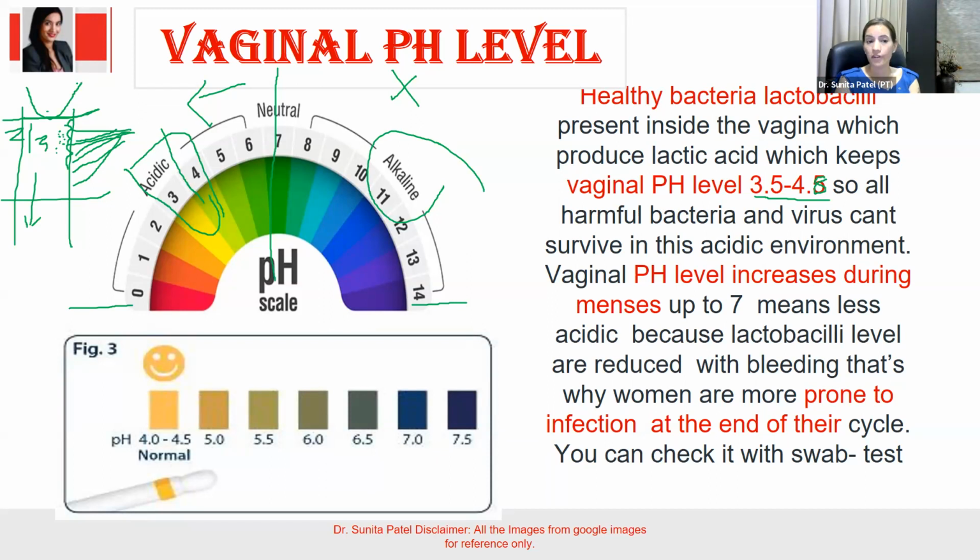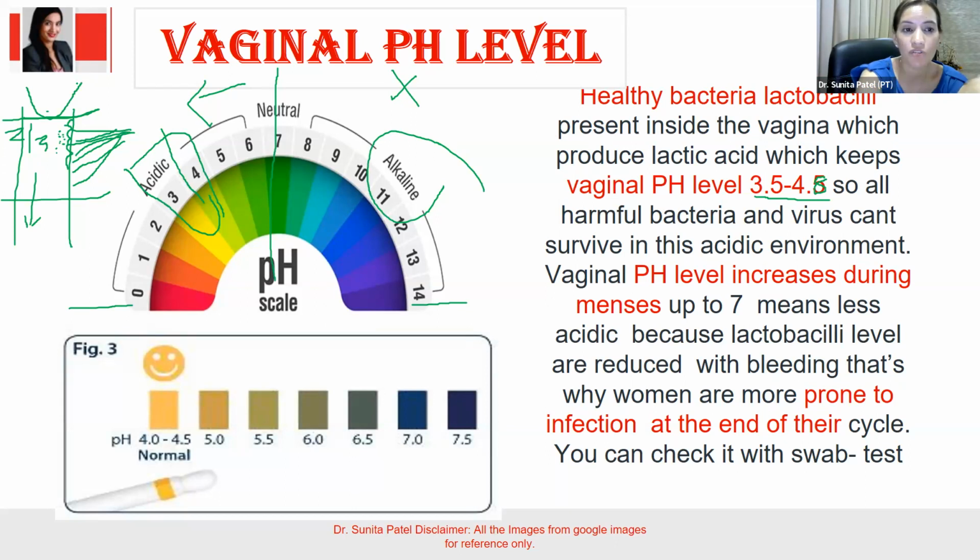Not only these two phases, the third important thing which is going to change the pH level of the vagina is the semen. Whenever ejaculation of the semen is present in our life, the semen is going to produce an alkaline sheath in the vagina, because semen is alkaline in nature. So it is going to shift the acidic environment.